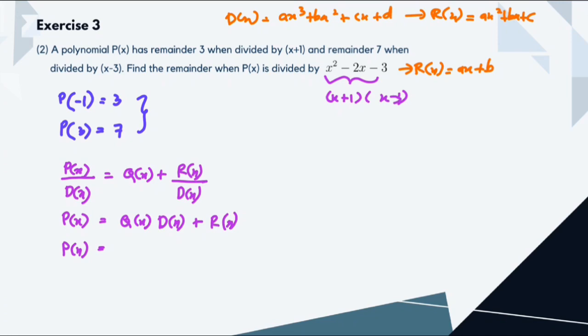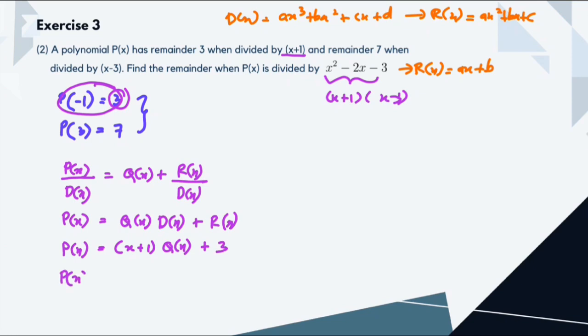From the previous information, when the polynomial is divided by x + 1, the remainder is just a constant. So you can rewrite p(x) as the divisor x + 1 times the quotient, plus the remainder 3.